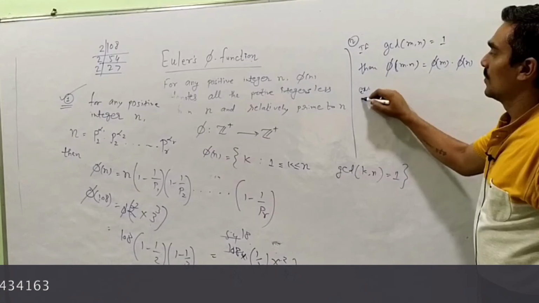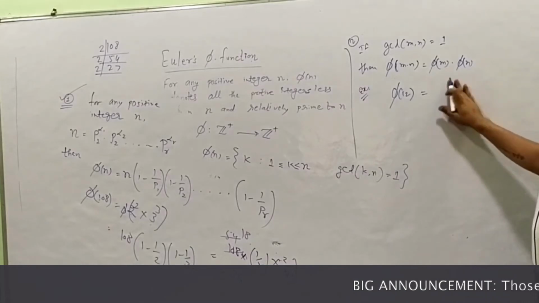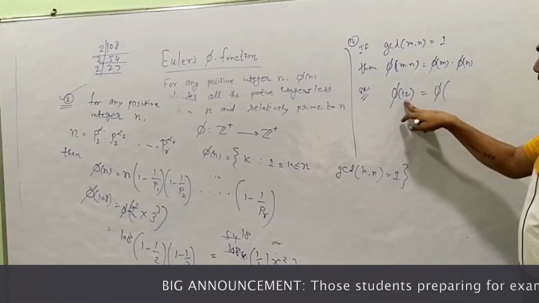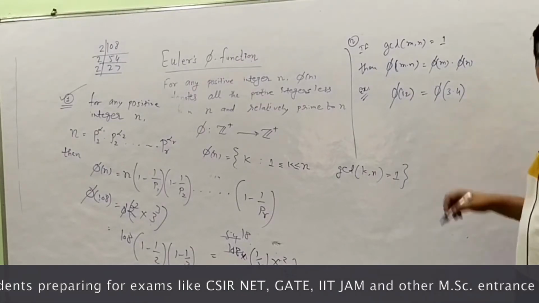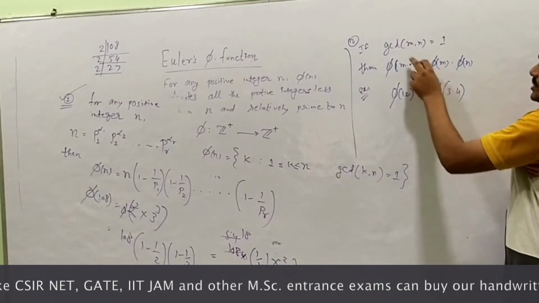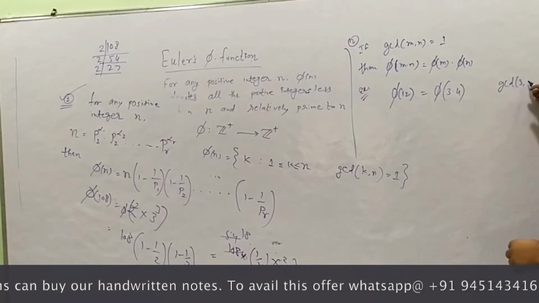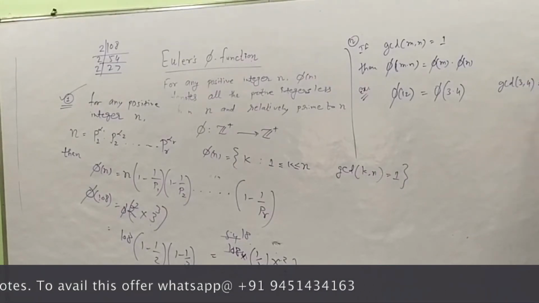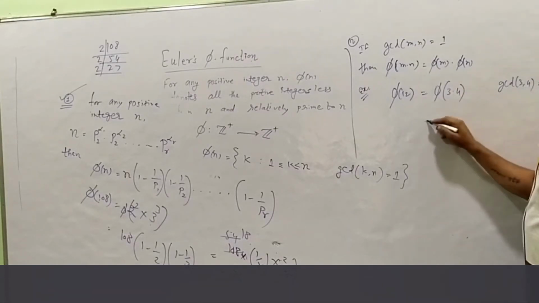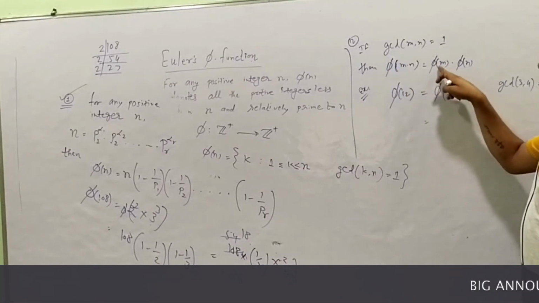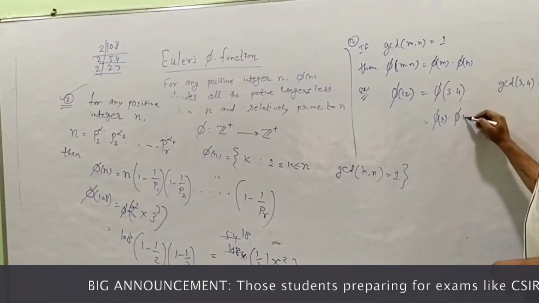For example, we have phi 12. 12 is equal to 3 into 4, and GCD of 3 and 4 is 1. So we apply this formula: phi of 3 into 4 is equal to phi 3 into phi 4.